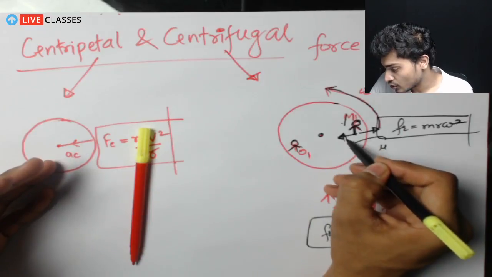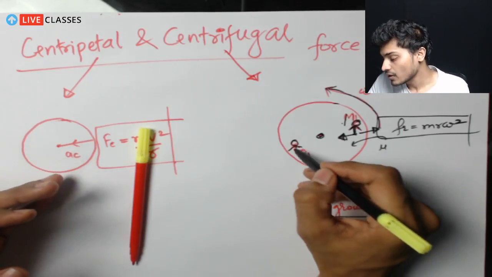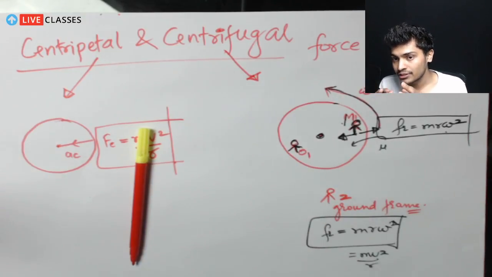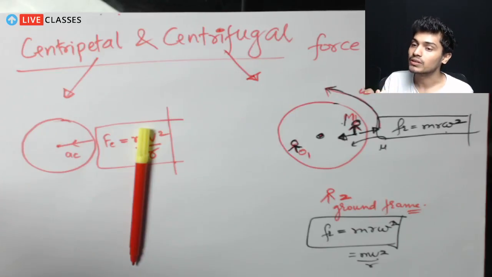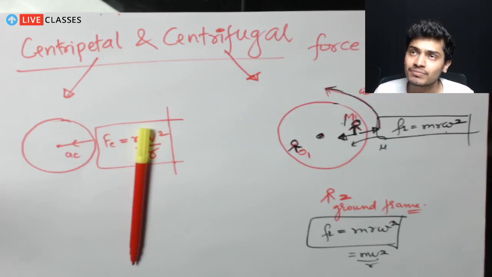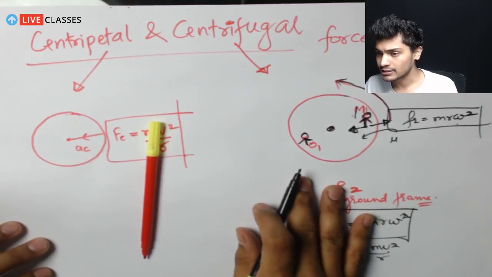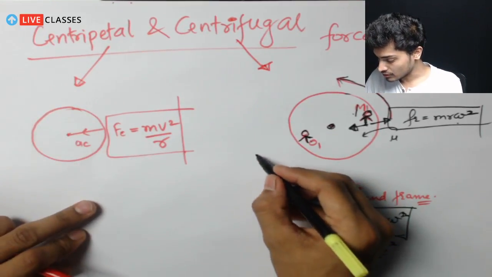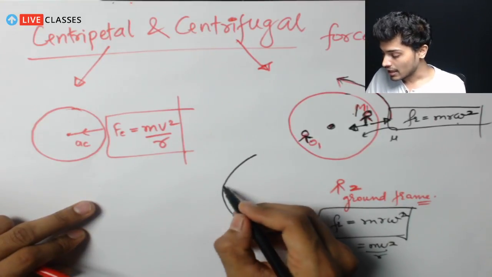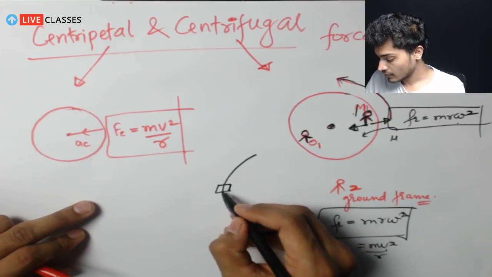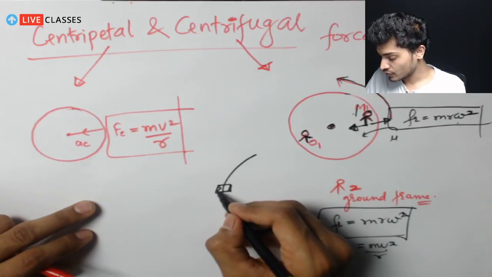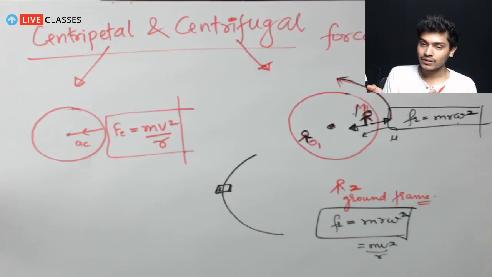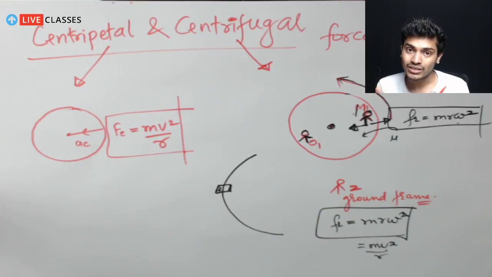One more key thing: what is the tendency of this centrifugal force? Centrifugal force will try to throw you radially outward. You have also felt this kind of centrifugal force in practical life. Suppose here is a circular turn and one car is moving here. At the circular turn, we feel as if we are being thrown radially away.